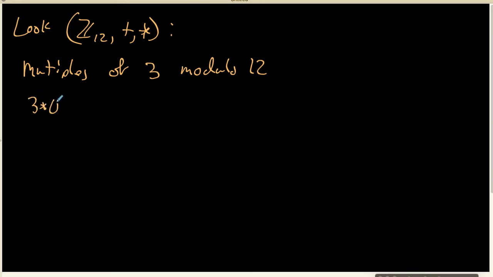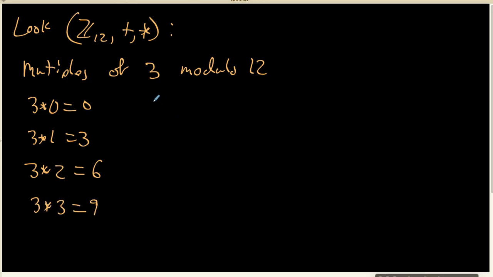Well, 3 times 0 is equal to 0, 3 times 1 is equal to 3, 3 times 2 is equal to 6, and 3 times 3 is equal to 9. Now 3 times 4 is equal to 12, which reduces down to 0 mod 12. And 3 times 5 is equal to 15, which reduces to 3 mod 12.